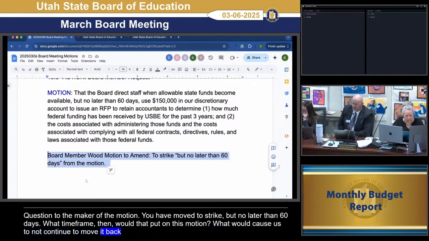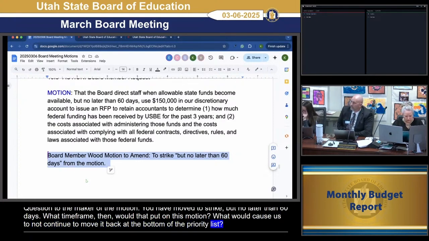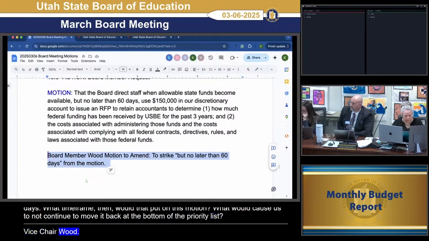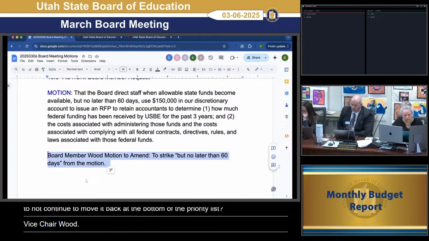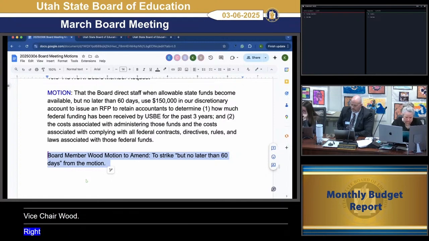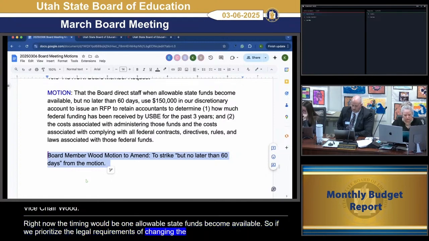Vice Chair Wood. Well, right now, the timing would be when allowable state funds become available. So if we prioritize the legal requirements of changing the website, that would prioritize before. So it would bump it down.